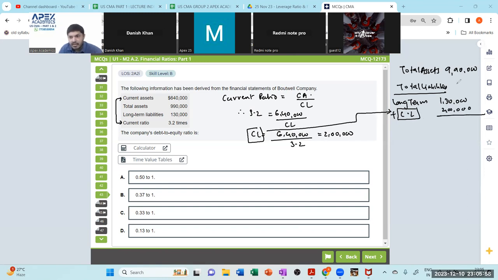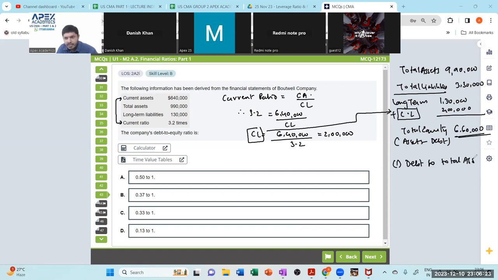Can I say total liabilities are 3,30,000? Therefore, total equity. You remember the formula? Assets minus debt will be how much? 990 minus 330, which is equal to 6,60,000.